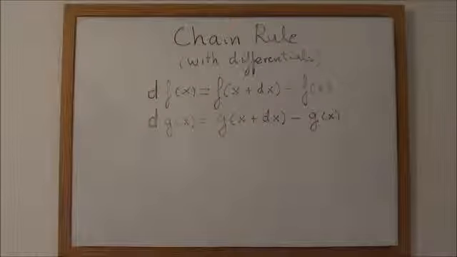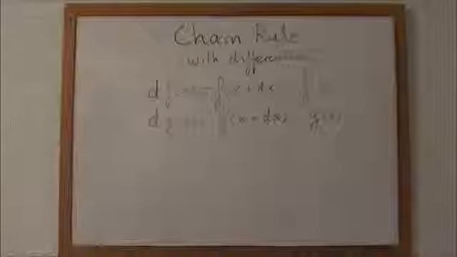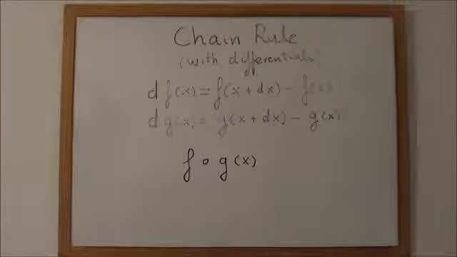Now I'm going to remind you what the composition of the two functions means. The function f composed with g is a function of x in which we apply first g to x and then f to the result.